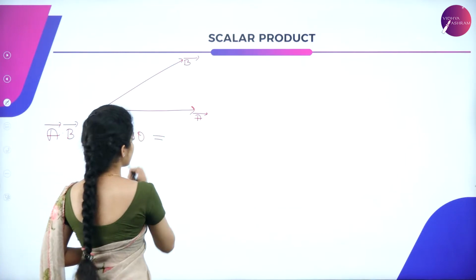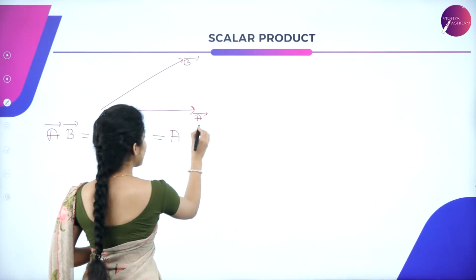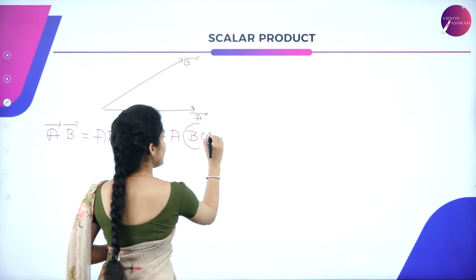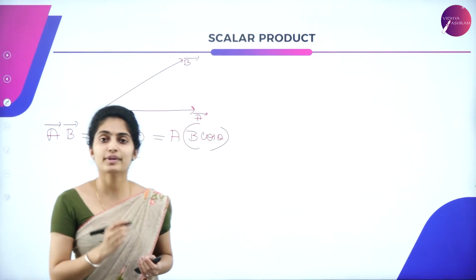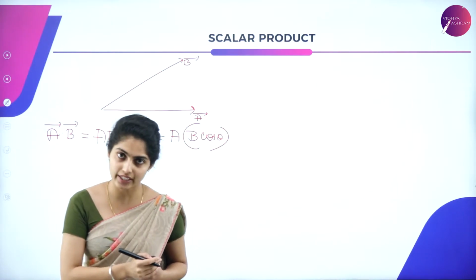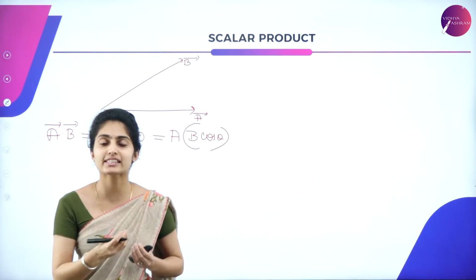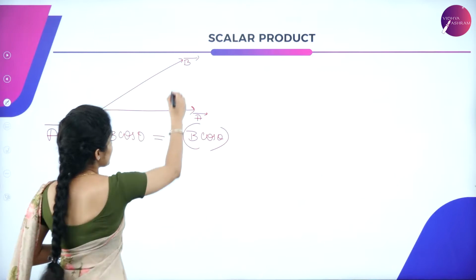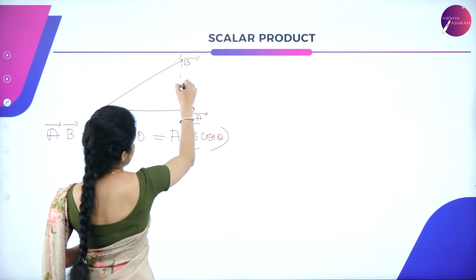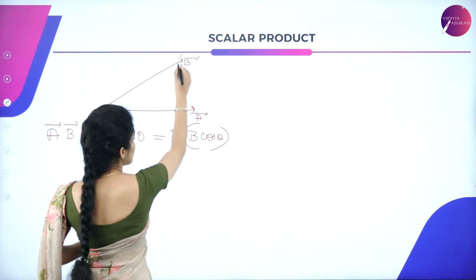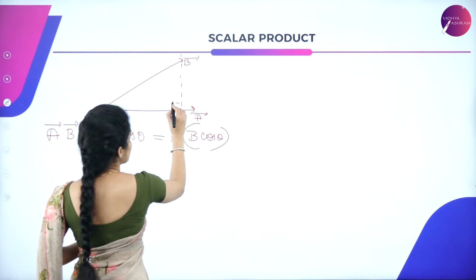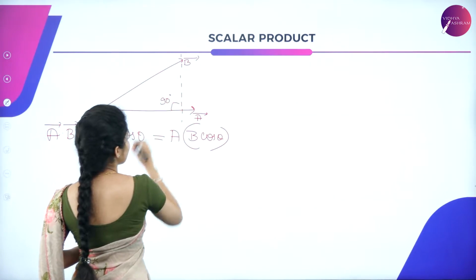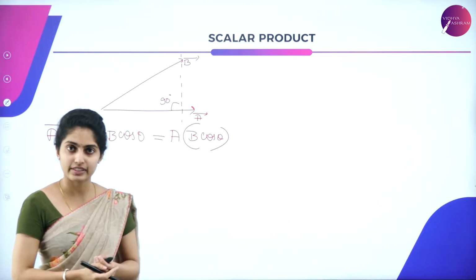You can write this as A into B cos theta. If this is the case, we can say B is projected on A. It is the projection of B on A. These dotted lines are the projection of B on A. This is at 90 degrees. This is how you represent it.